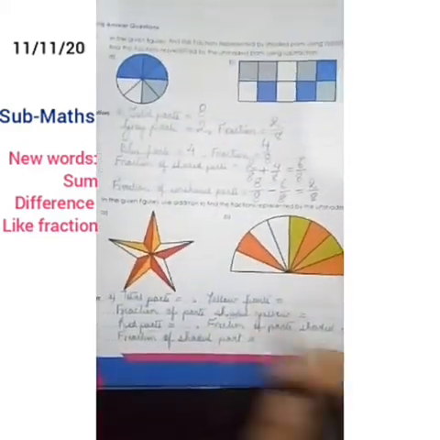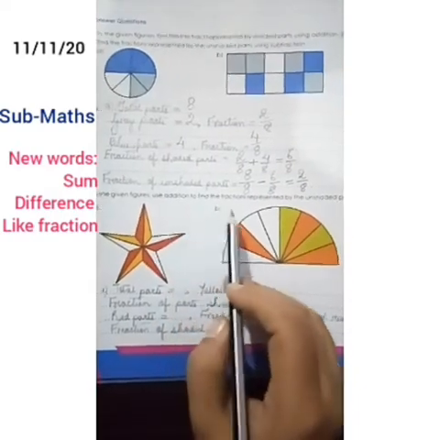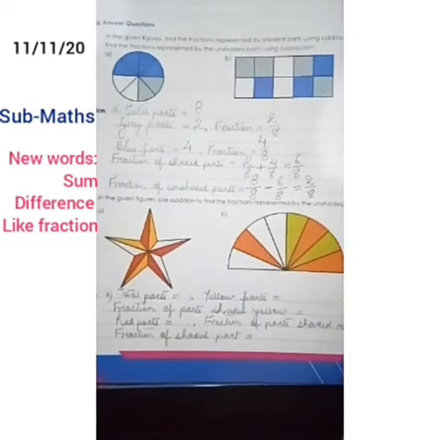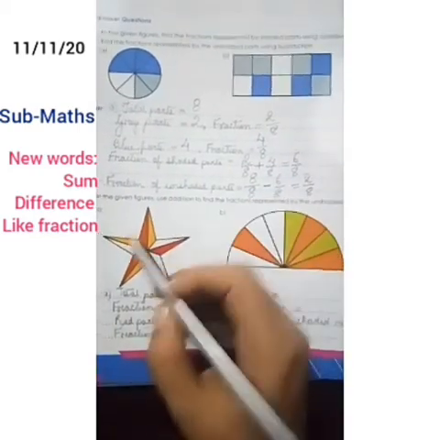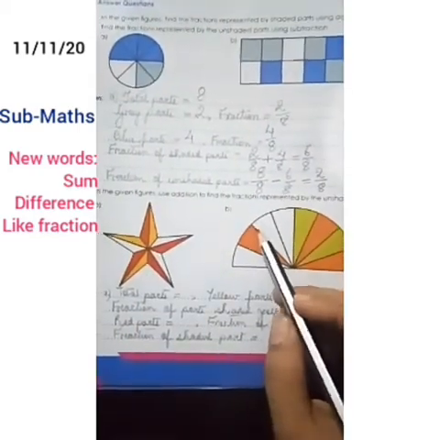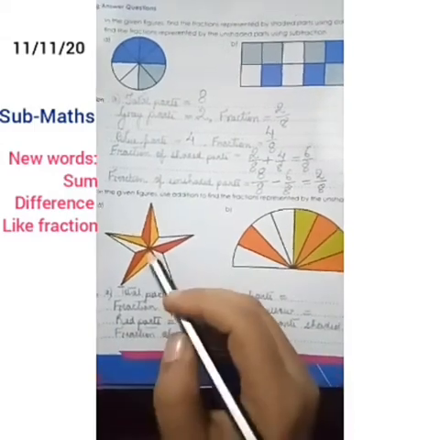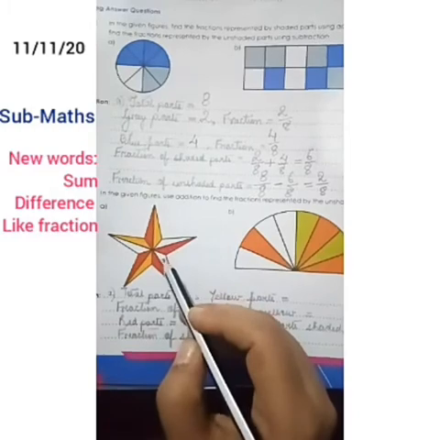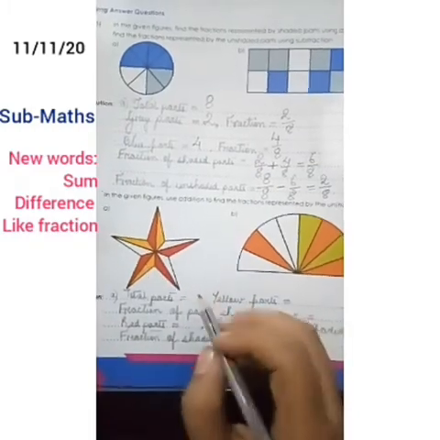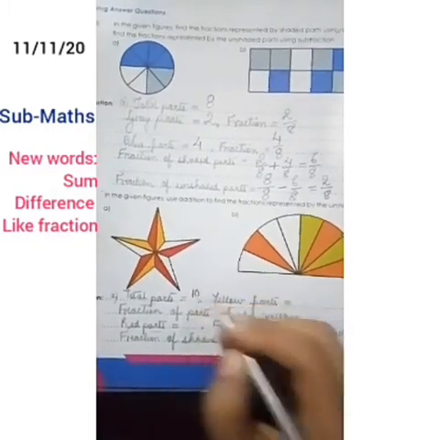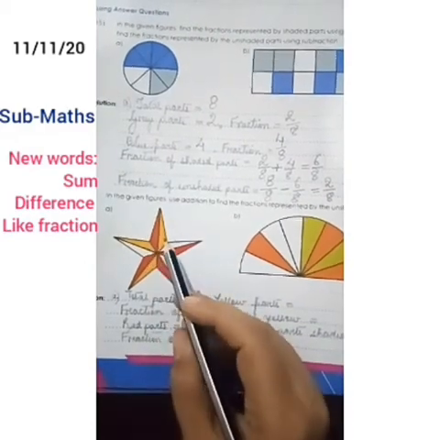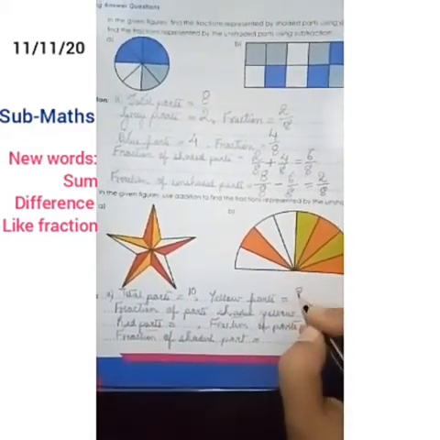The next question is, in the given figures, use addition to find a fraction represented by the unshaded part. Okay, same question, so I am doing only A. B you have to do by yourself. So total part how many? Let me count. 1, 2, 3, 4, 5, 6, 7, 8, 9, 10. The total part is 10. How many yellow parts are there? 1, 2, 3. So the yellow part is 3.